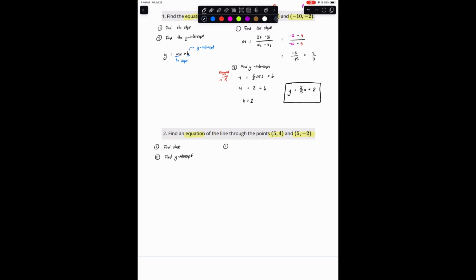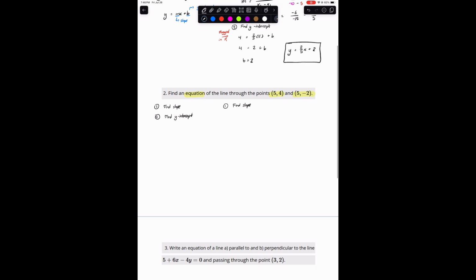So step 1, again, find slope. And we will use our handy slope formula. I'll call the first point P1, the second point P2. So we have y2 minus y1 over x2 minus x1.